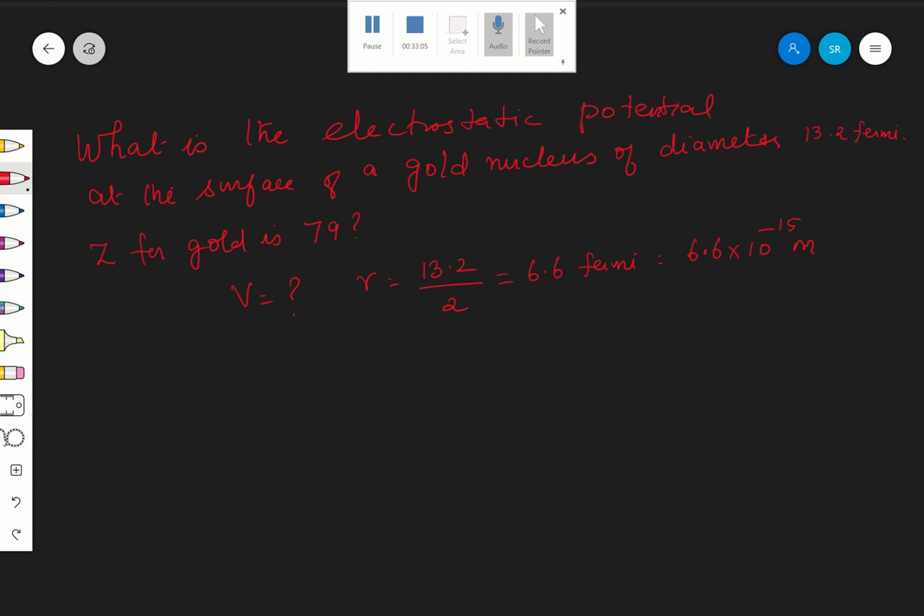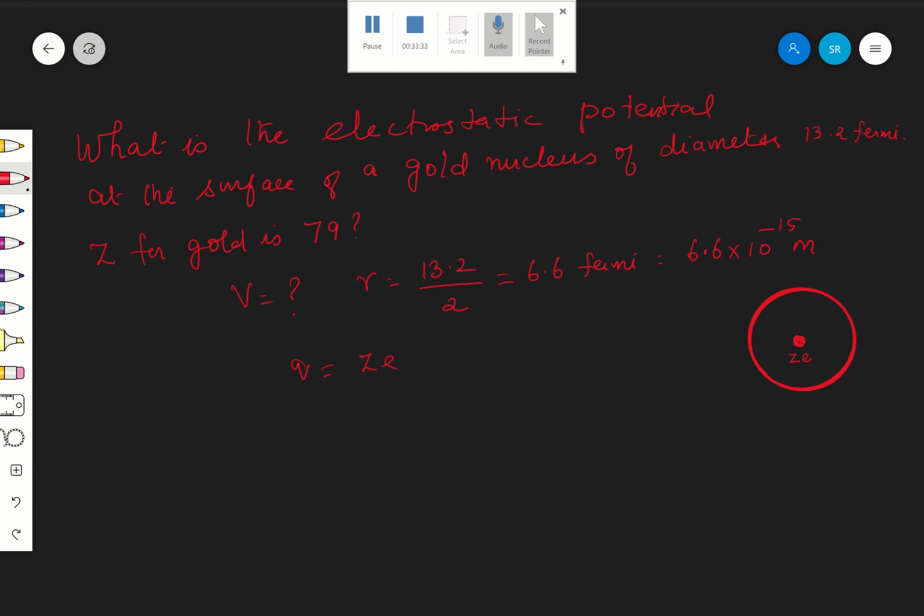You are asked to find the electrostatic potential on the surface of the nucleus, and the charge of the nucleus is Ze. Total charge here is Ze. Therefore, Q is equal to Ze.